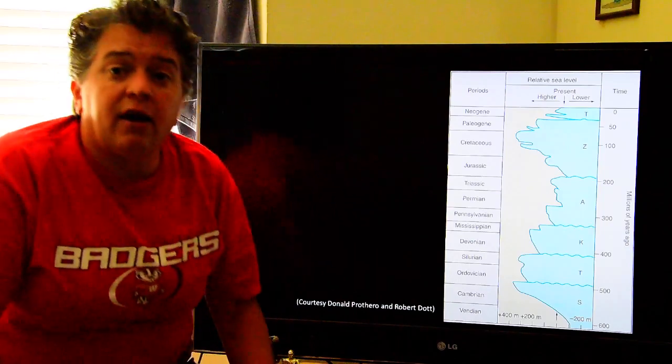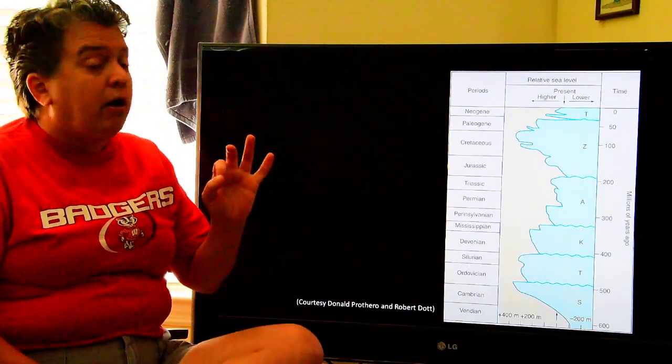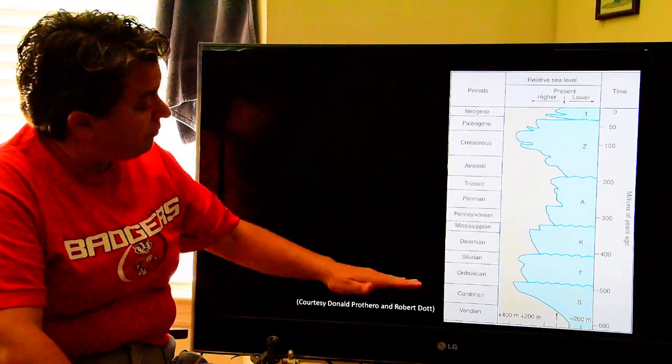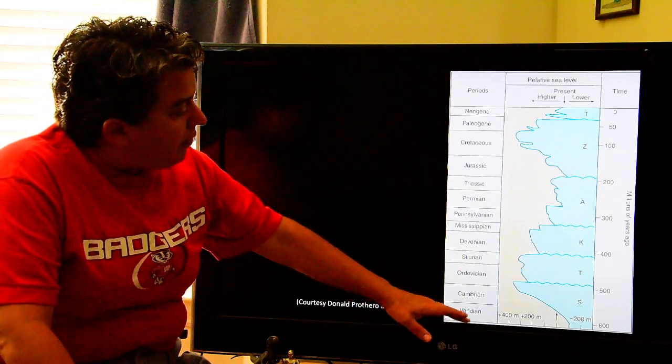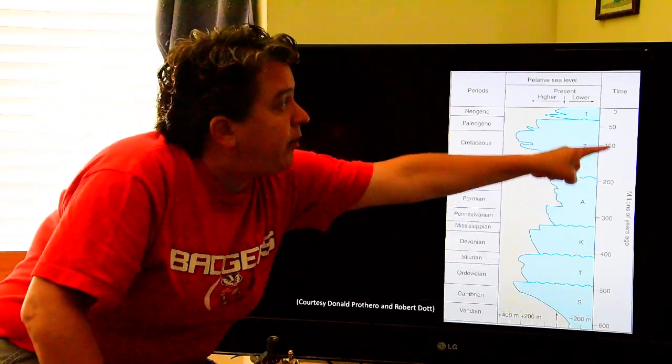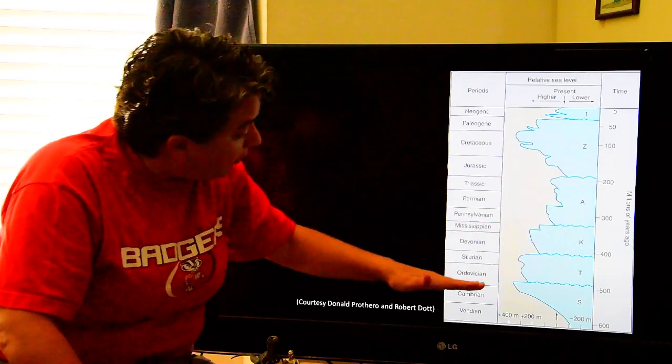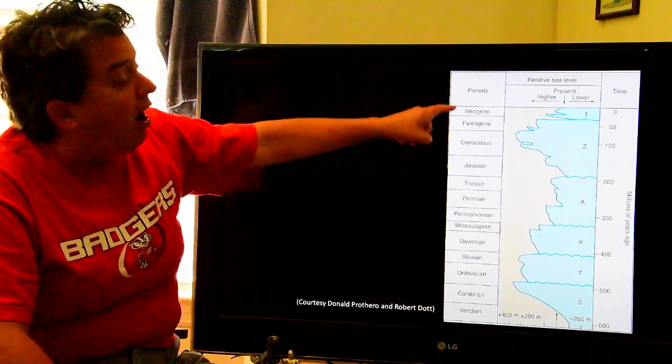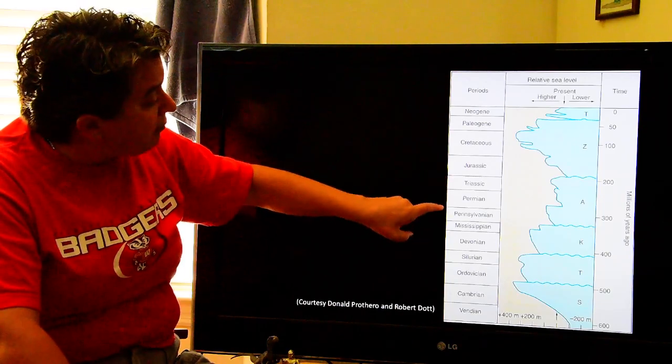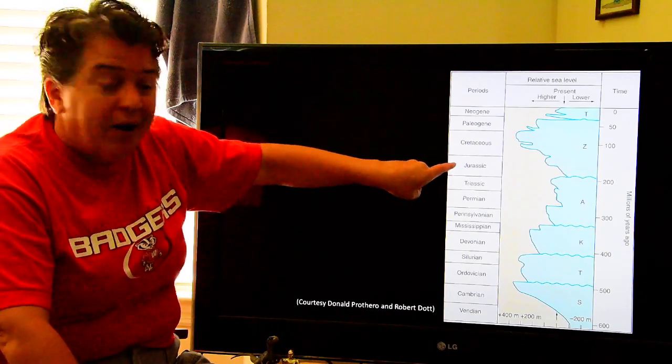So let's look at this diagram because this shows our unconformity-bounded sequences. What we're seeing here is the past 600 million years of Earth history. And these are the time periods. You might recognize some of them, like Jurassic, right?